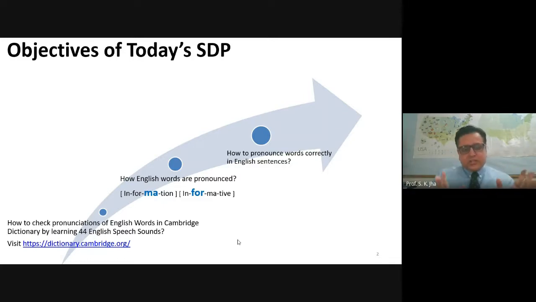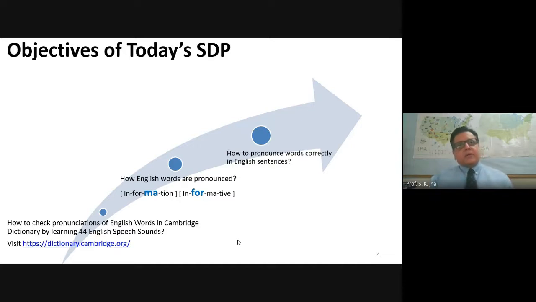So now the question is why? Why do we give stress on may in information, and why do we give stress on for in informative? So in terms of why, we will study at least 9 to 10 rules under the second objective. Then we will see how to pronounce words correctly in English sentences.